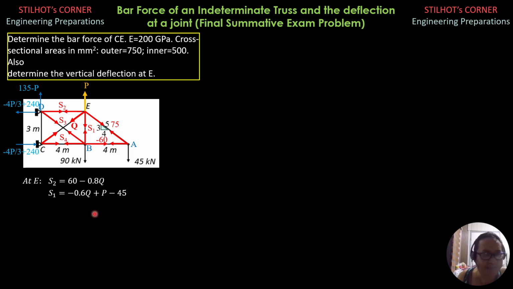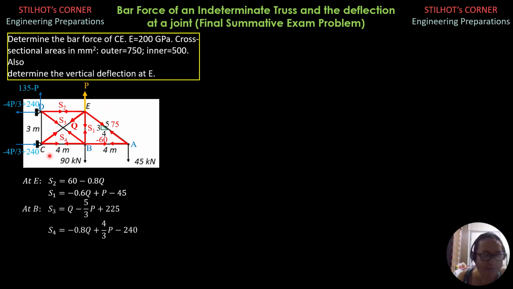Summation of forces along Y first to express S3 as Q minus 5/3 P plus 225. Then summation forces X, S4 is negative 0.8Q plus 4/3 P minus 240.